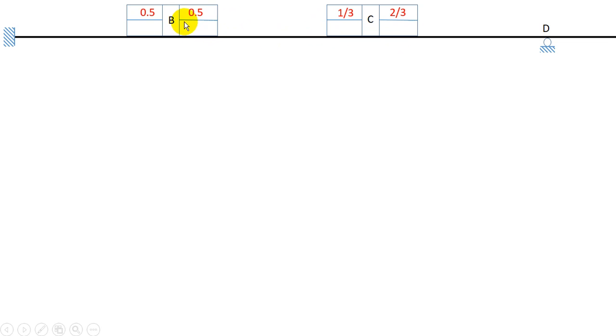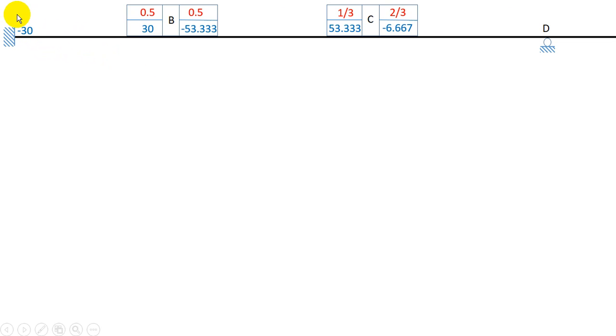The upper portion of the boxes would be filled by the distribution factors, which we just found. For BA it was 0.5, for BC it was 0.5, for CB it was 1 by 3, and for CD it was 2 by 3. And the lower boxes would be filled by fixed end moments.